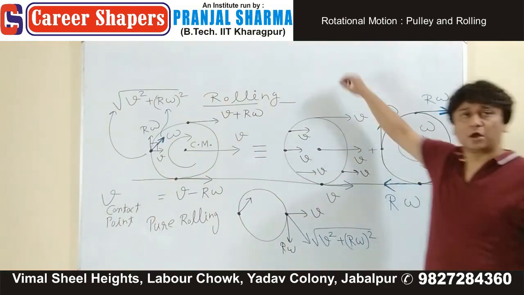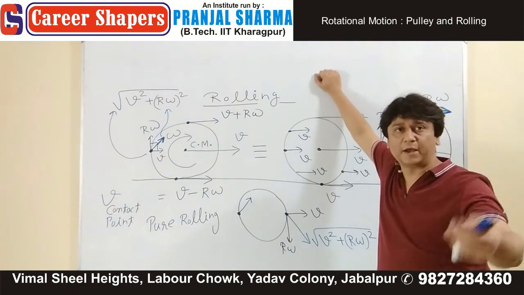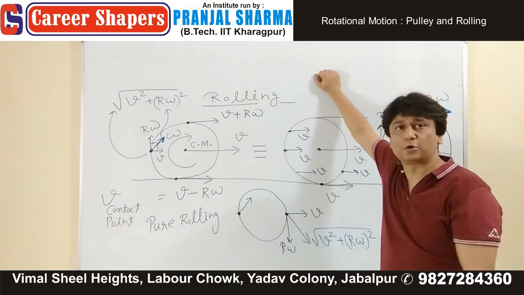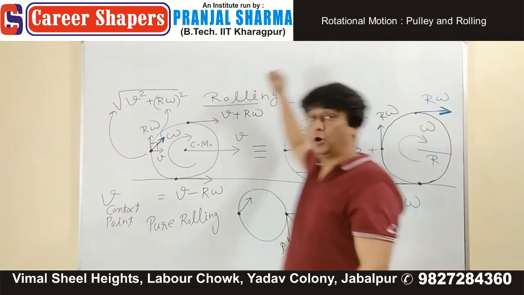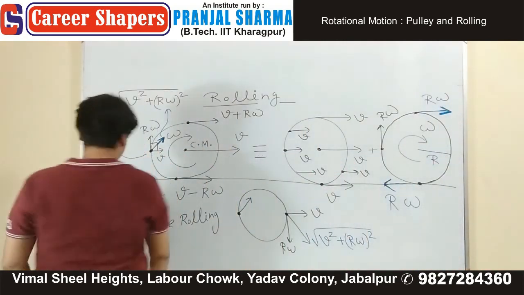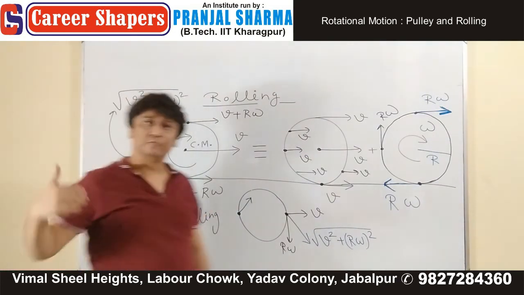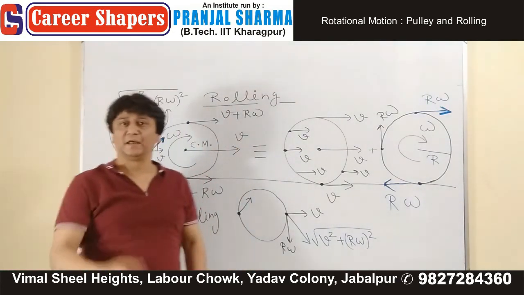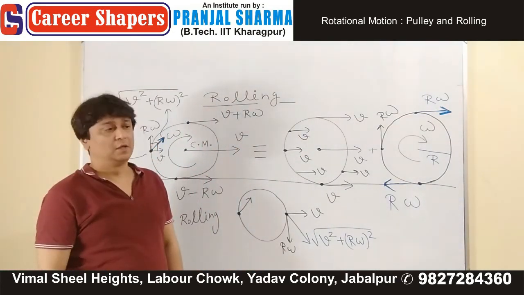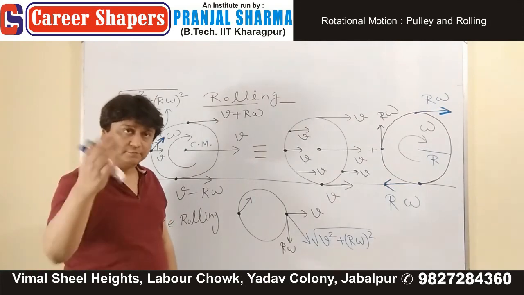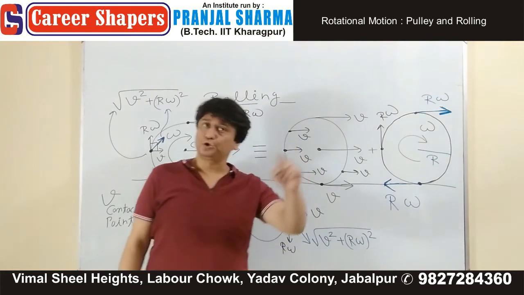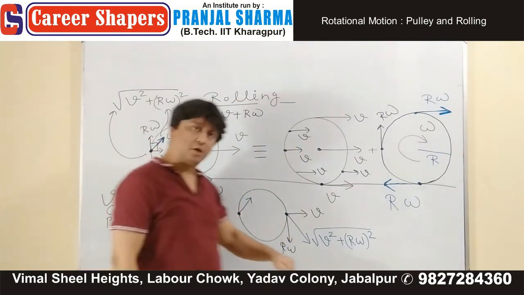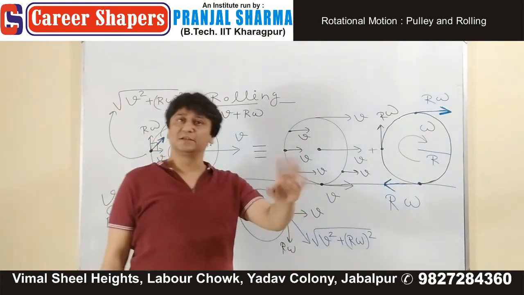In fact, in normal life, whenever a bike or a car moves, that is pure rolling. No slipping takes place. An even better example: when you walk, you are basically in the pure rolling mode. You have noticed, I taught this in friction, that when you walk, the shoe which is in contact with the ground doesn't move.